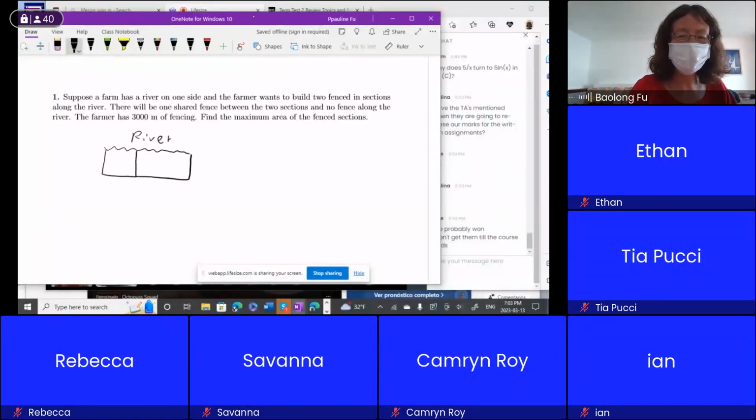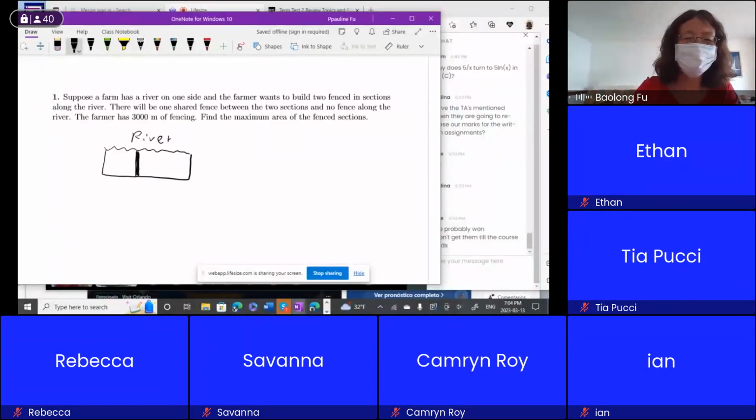There will be one shared fence between the 2 sections, and no fence along the river. The farm has 3,000 meters of fencing. Find the maximum area of the fenced sections.